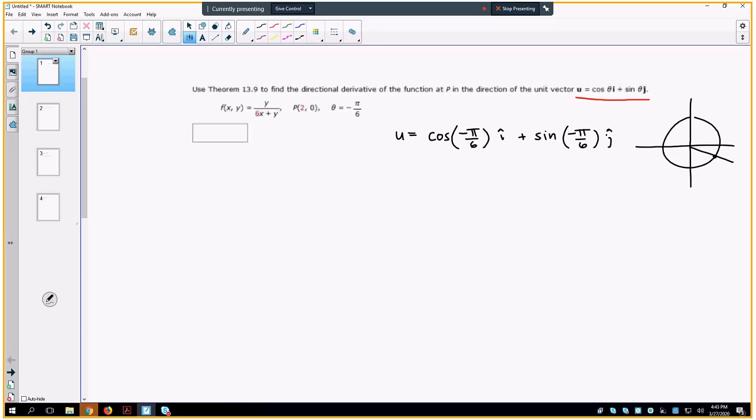Minus pi over 6. So the cosine is going to be square root of 3 over 2, and the sine is minus 1/2. So then u is square root of 3 over 2 i cap minus 1/2 j cap. So that's first things first.